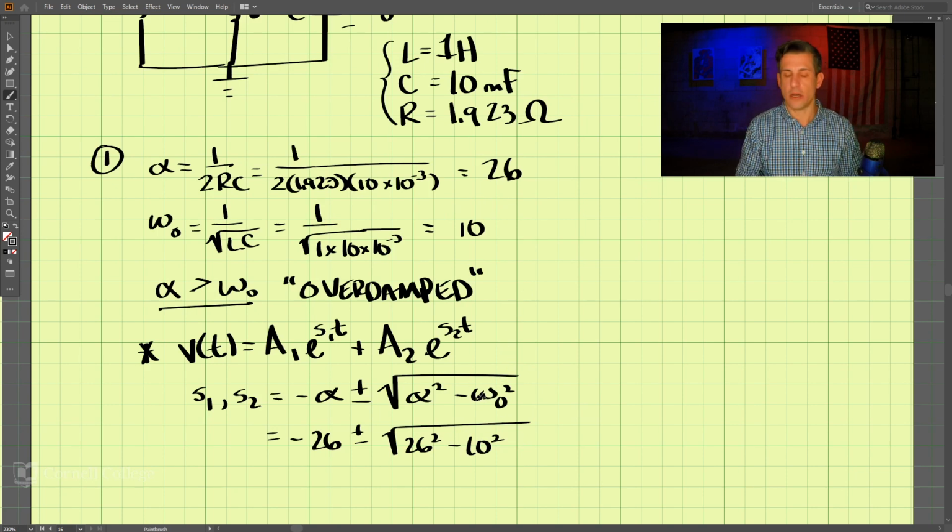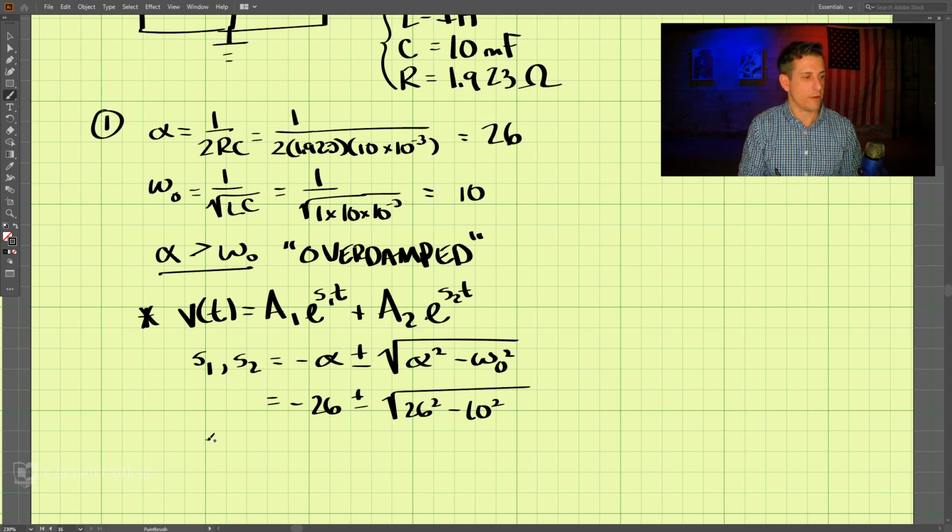And what this comes out to be is S1 is equal to negative 2, and S2 is equal to negative 50. So we have this.